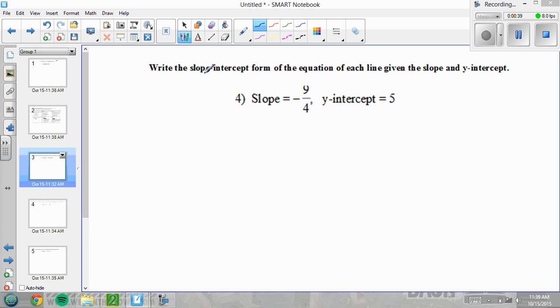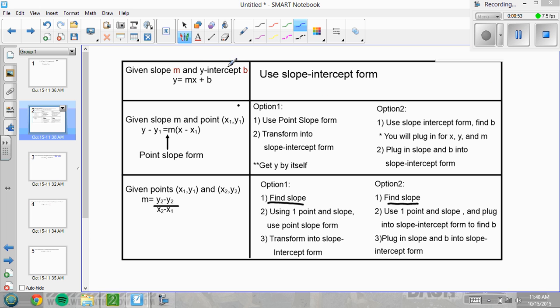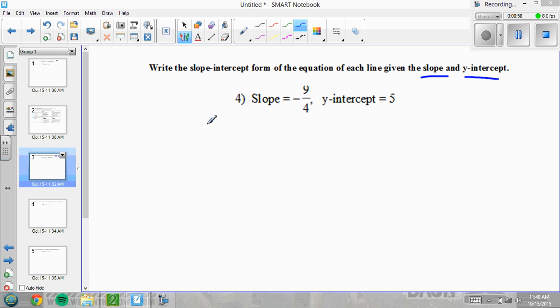So the first one I'm going to do is from your first section, number 4. They want you to write the slope-intercept form when you're given a slope and an intercept. If we look back at the chart, when we're given a slope and an intercept, we use slope-intercept form, y equals mx plus b.